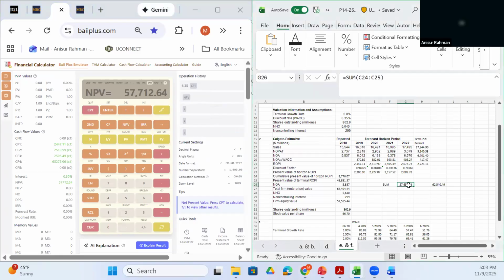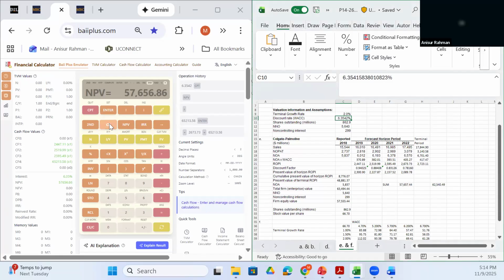So our Excel value is 57,657. If we use more decimal places in the discount rate, we will get much closer values.